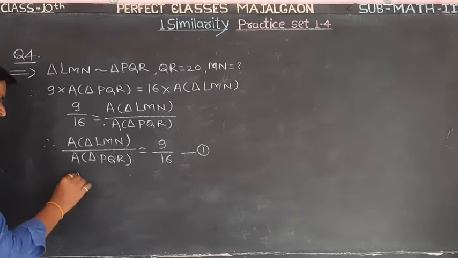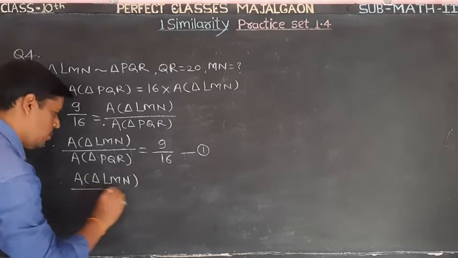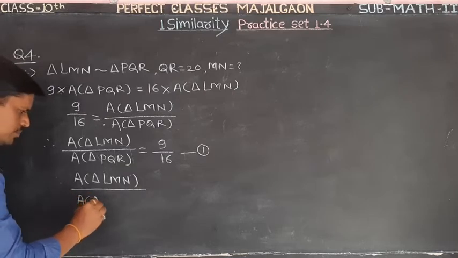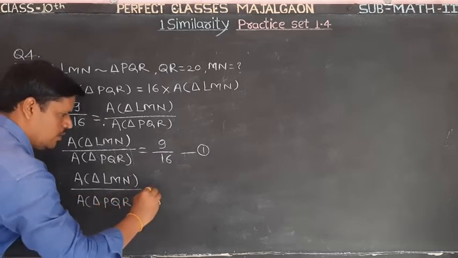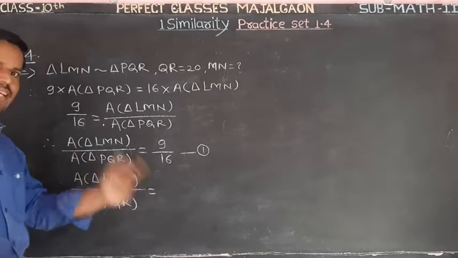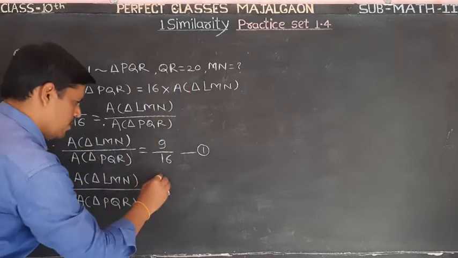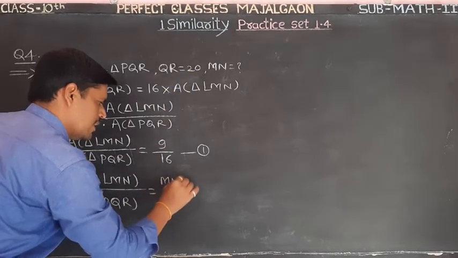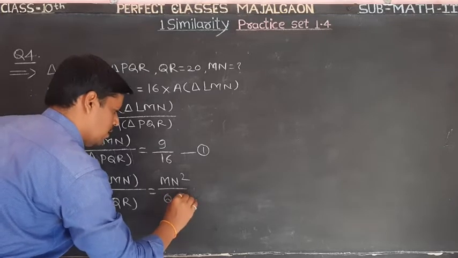Now we use the theorem of areas of similar triangles. Area of triangle LMN upon area of triangle PQR equals, here we use the theorem, MN square upon QR square, because these two are corresponding sides.